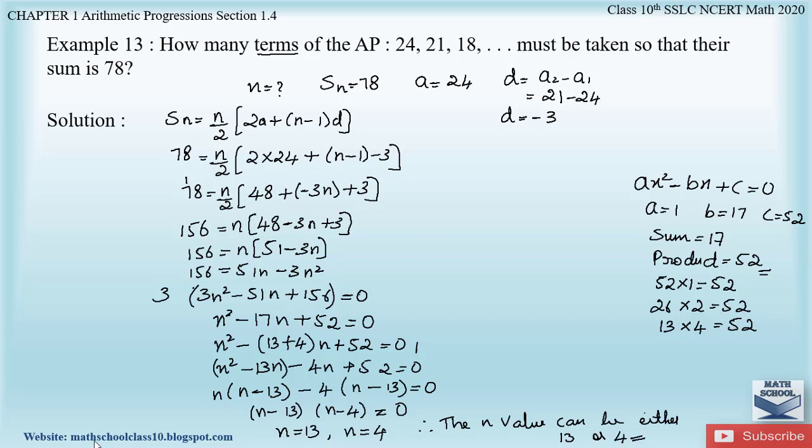Okay, this is the result. But there are certain remarks given in your textbook which says this will be true when the sum of the first 13 terms is equal to the sum of the first 4 terms, which is equal to 78. So the values between the fourth term and the thirteenth term can be 0 because the sum at the fourth place is also 78 and the sum at the 13th place is also 78.